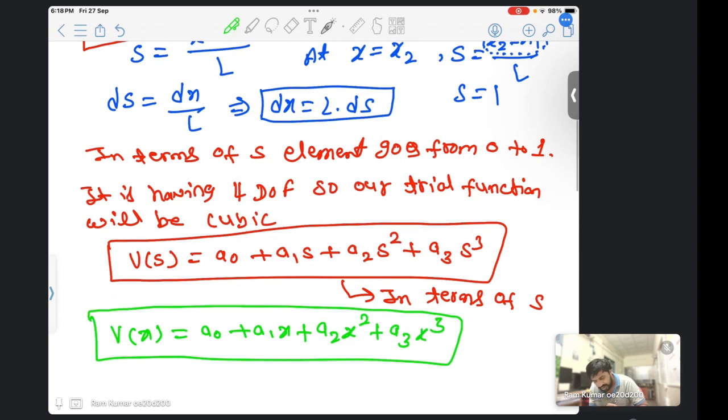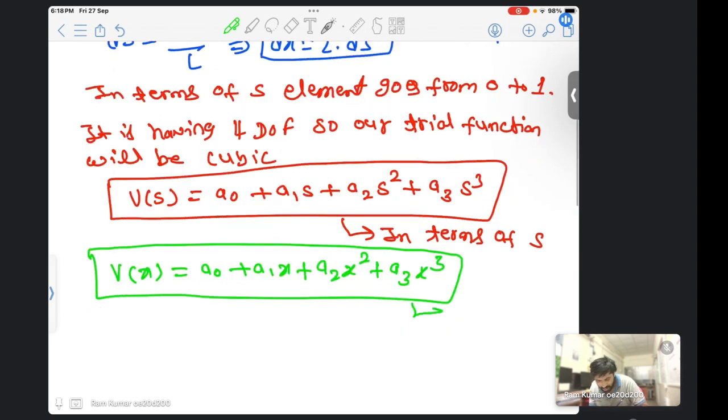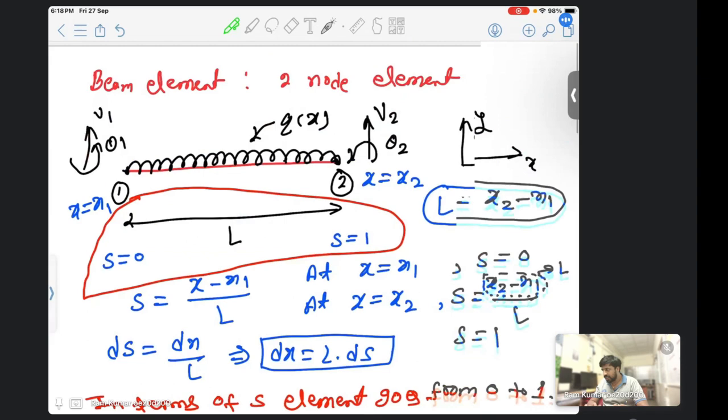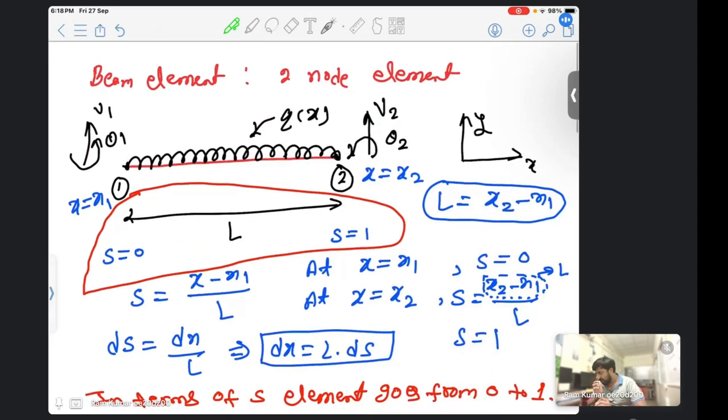Similarly, it will be in terms of x. Okay. So what will your boundary conditions be?